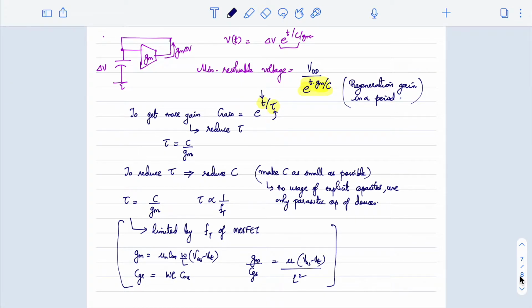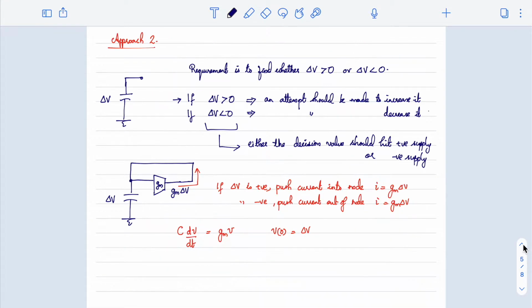In the previous lecture, we looked at the basic idea of taking the charge across a capacitor, and if that charge is greater than 0, we should make an attempt to increase the value. If the charge is less than 0, we should make an attempt to decrease the value.